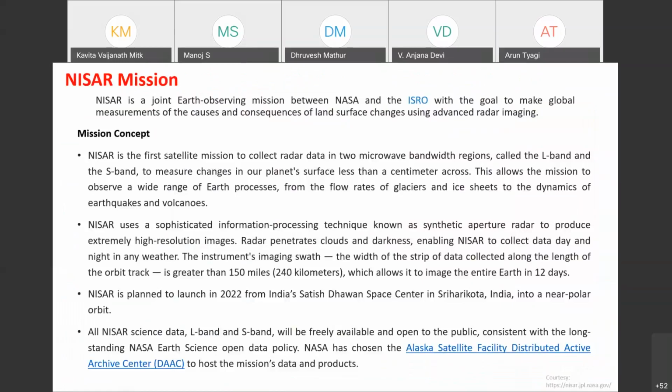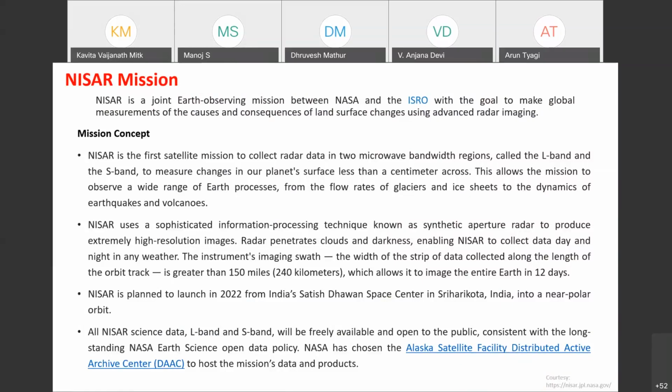Then, this is about the NISAR mission. This is a NASA and ISRO joint mission, and the goal mainly is to make global measurements of the causes and consequences of land surface changes using advanced radar imaging.